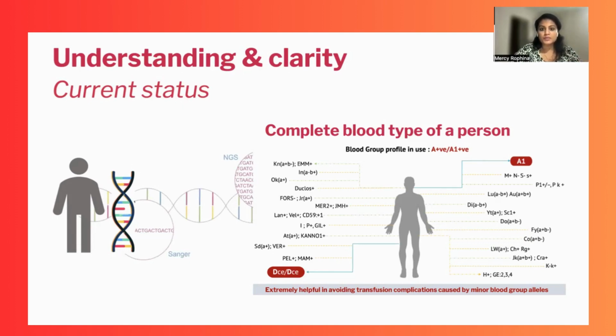By complete blood type, we mean the extensive blood profile of an individual, which comprises the phenotypes of all the 44 blood group systems rather than just the clinically significant ones.